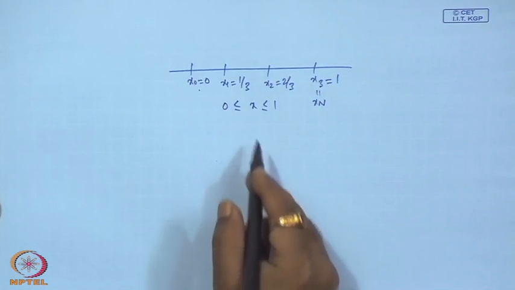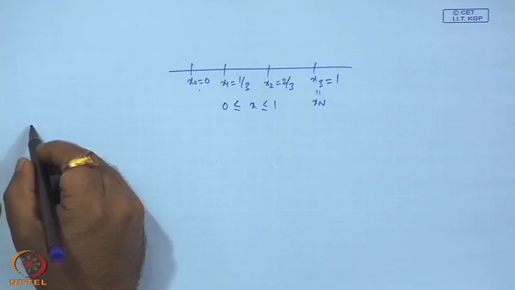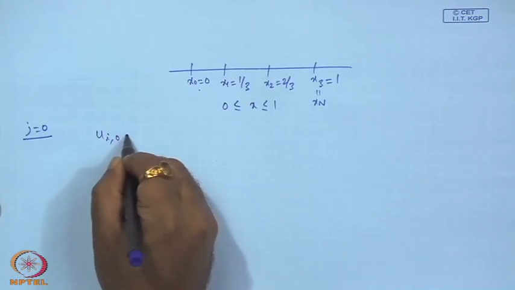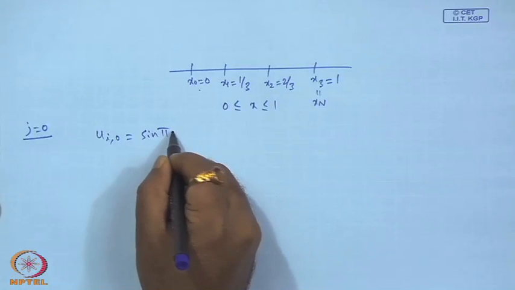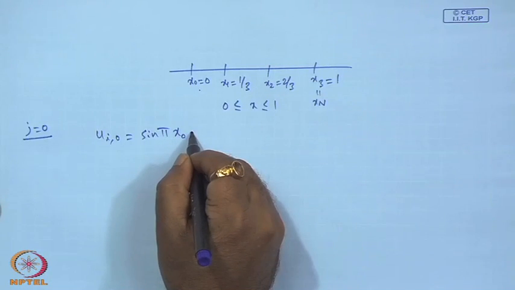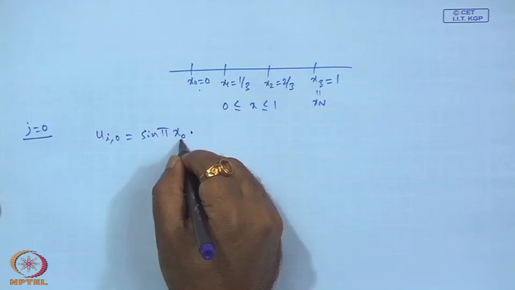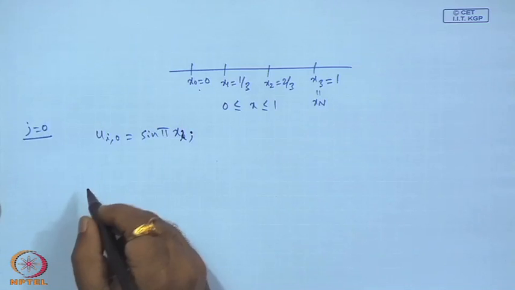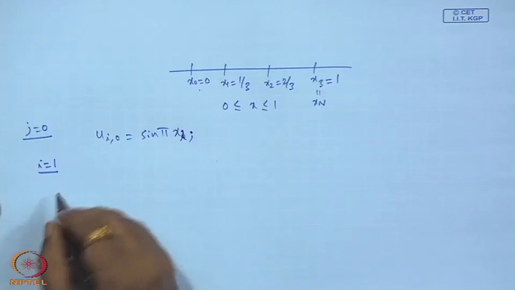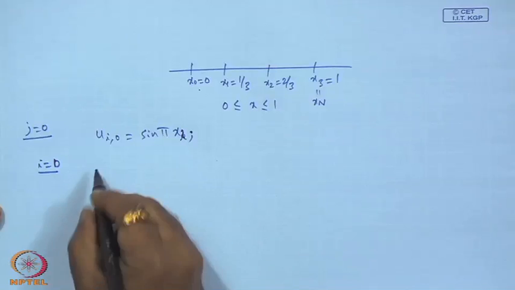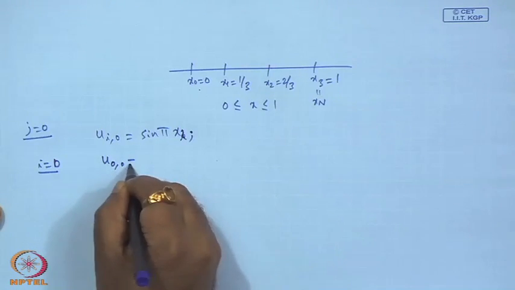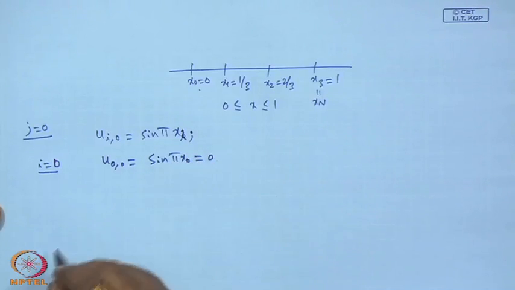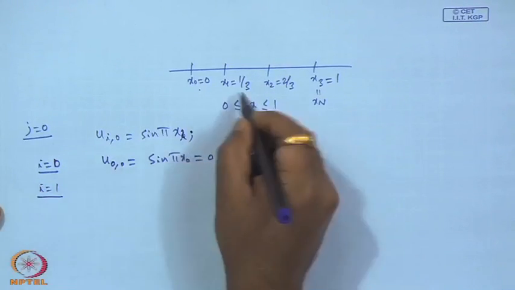Okay. Right. So, consider j equals to 0. Then u I 0 is sin pi x I. So, now you start with I 0. So, u 0 0, then I 1 here.